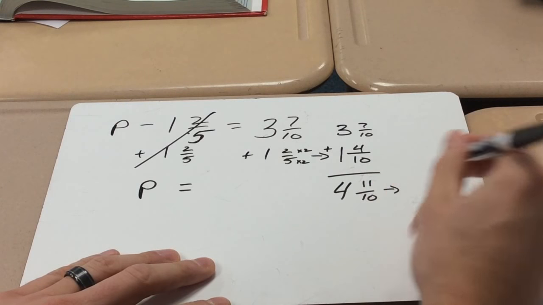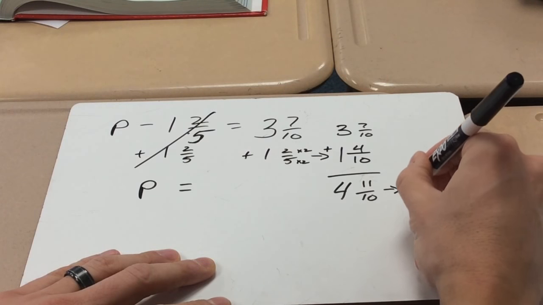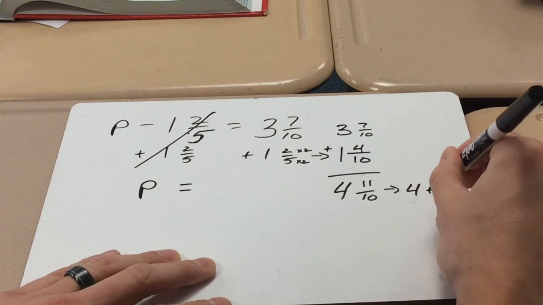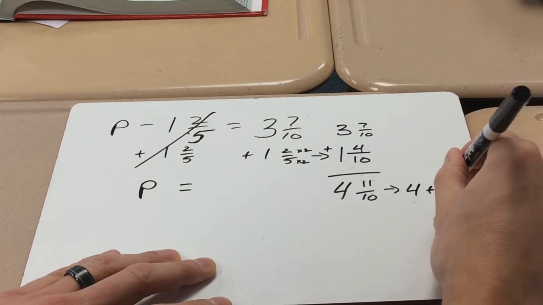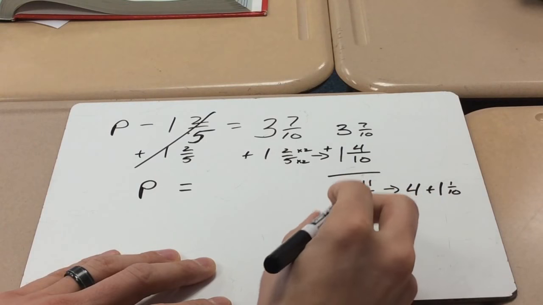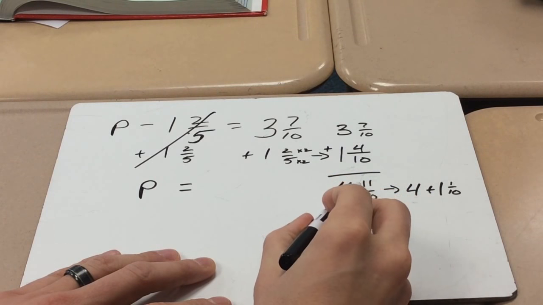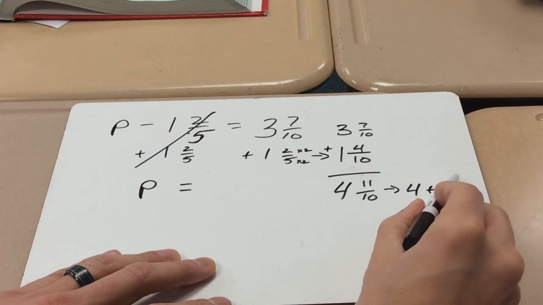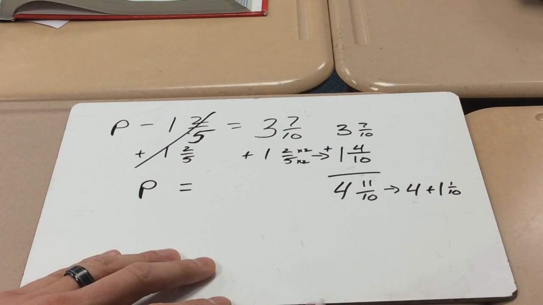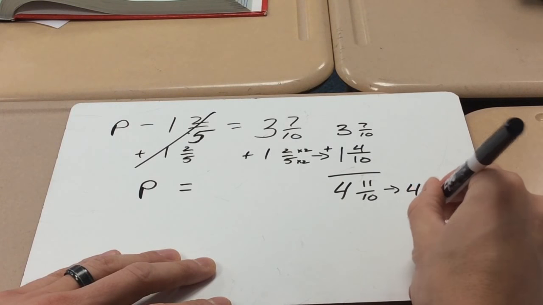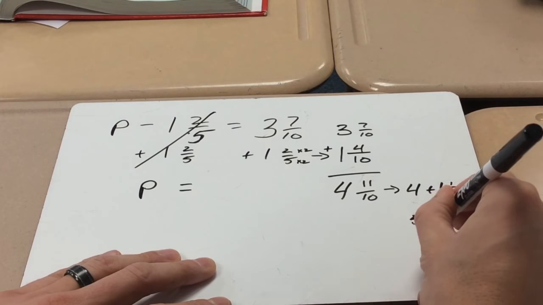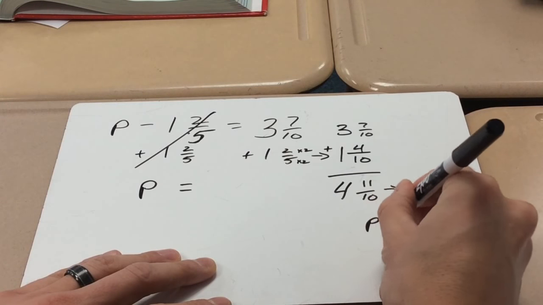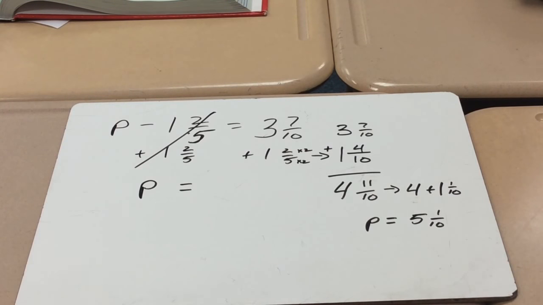So this will then become 4 plus 1 whole number and 1/10, because 10 goes into 11 one whole time with 1 left over. Now I need to simplify that, and I get 5 1/10. So p equals 5 1/10.